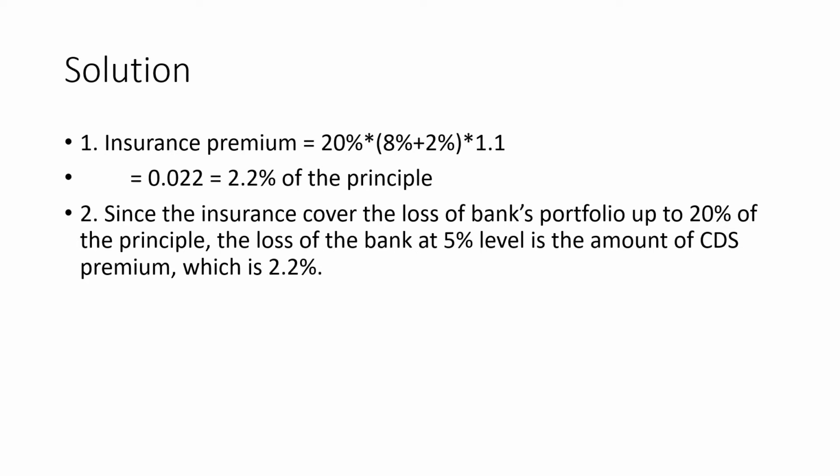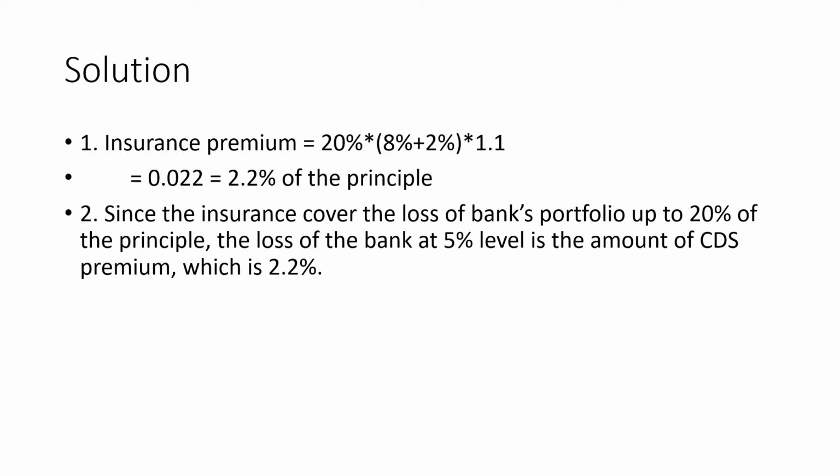Solution 1. Insurance premium is equal to the expected amount of payment times the 10% profit margin. So it is equal to 20% times 8%, that's the loss for 20%, plus 2%, that's the loss for 40%.